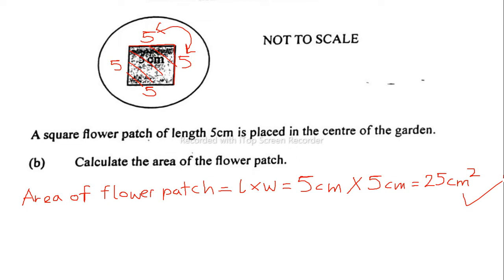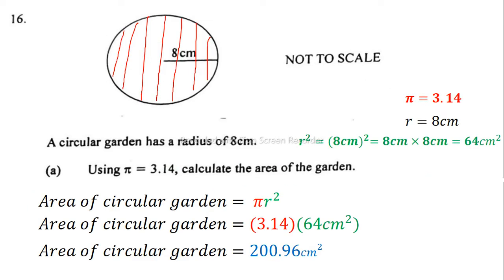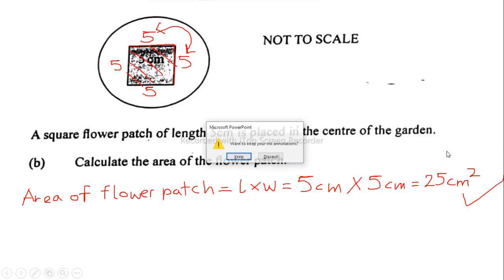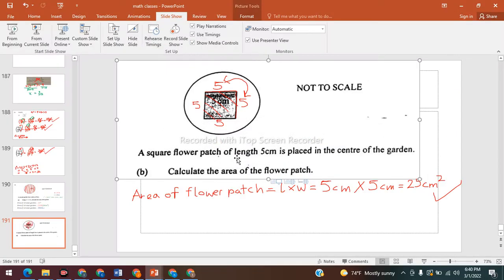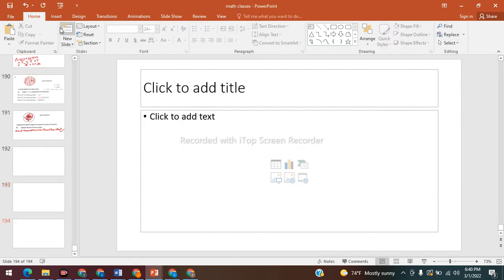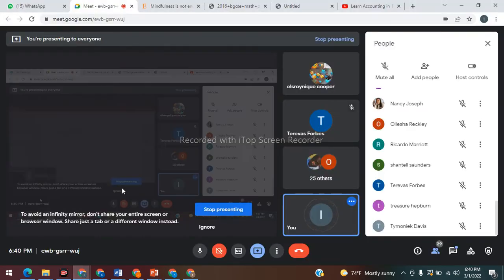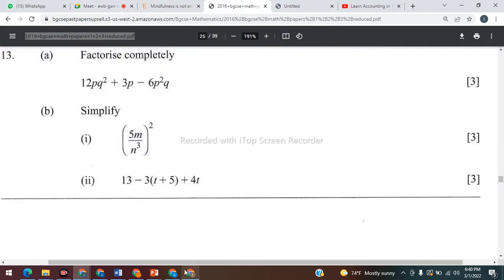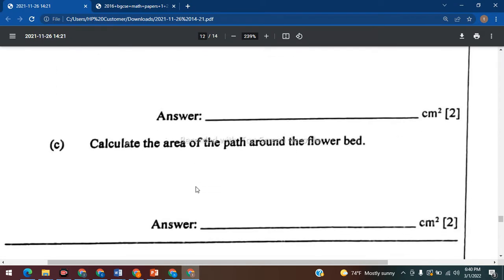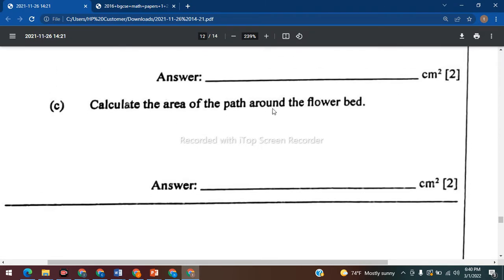Okay, next up, let's go to the next question. It says calculate the area of the path around the flower bed.